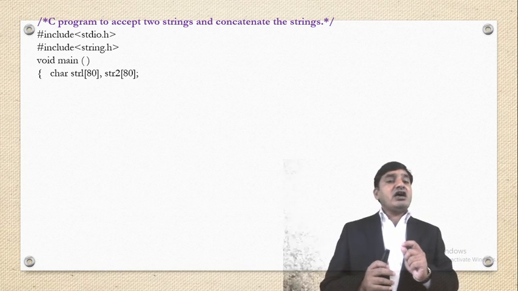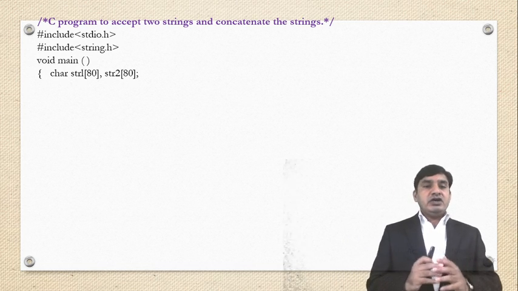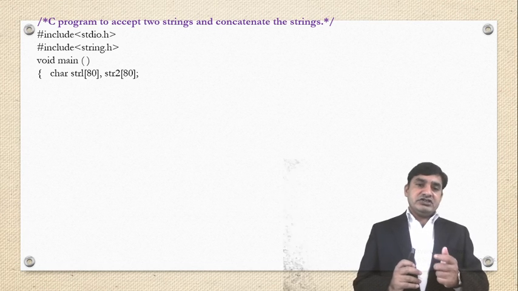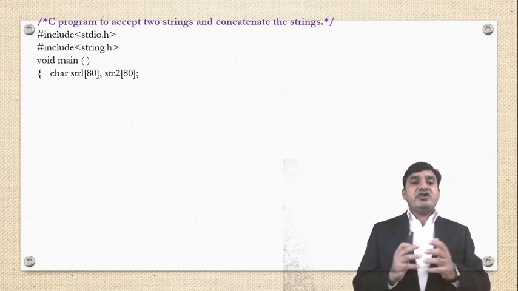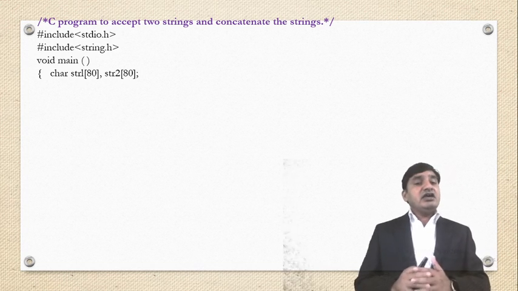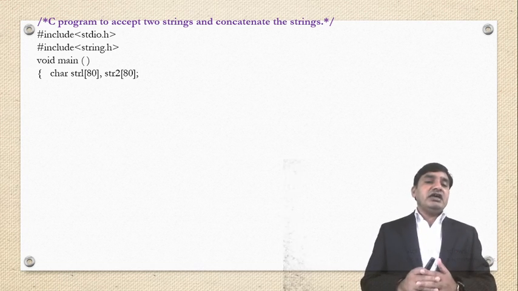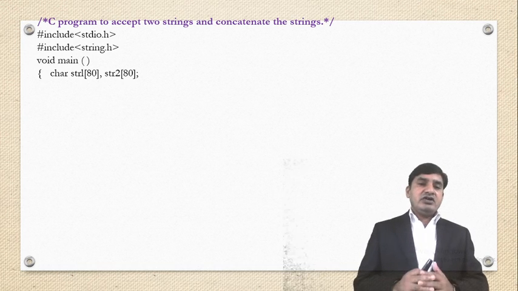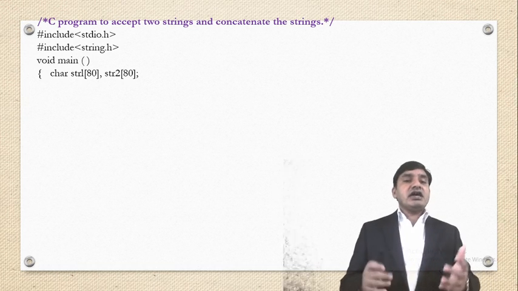Then str2 means string 2. str2, this is the name of the array. Then again 80 is the size of the array. This is terminated with the semicolon. The array type is a character.